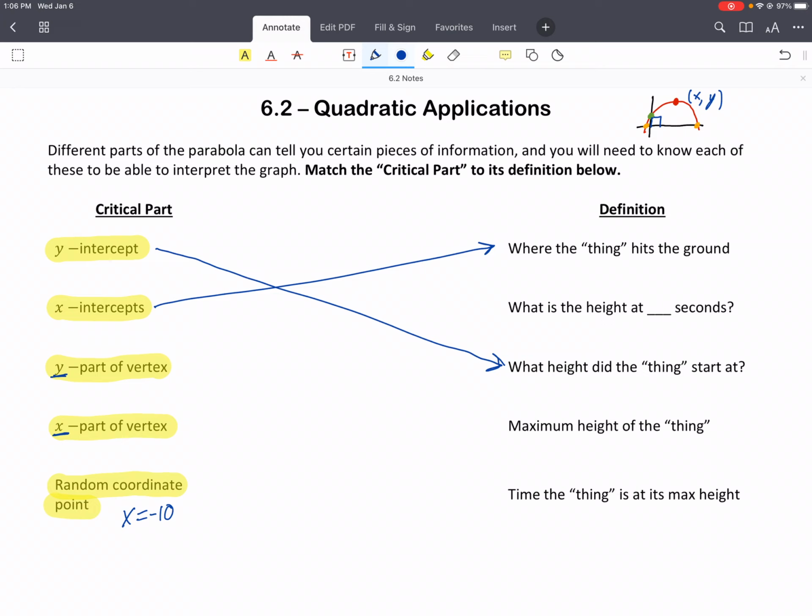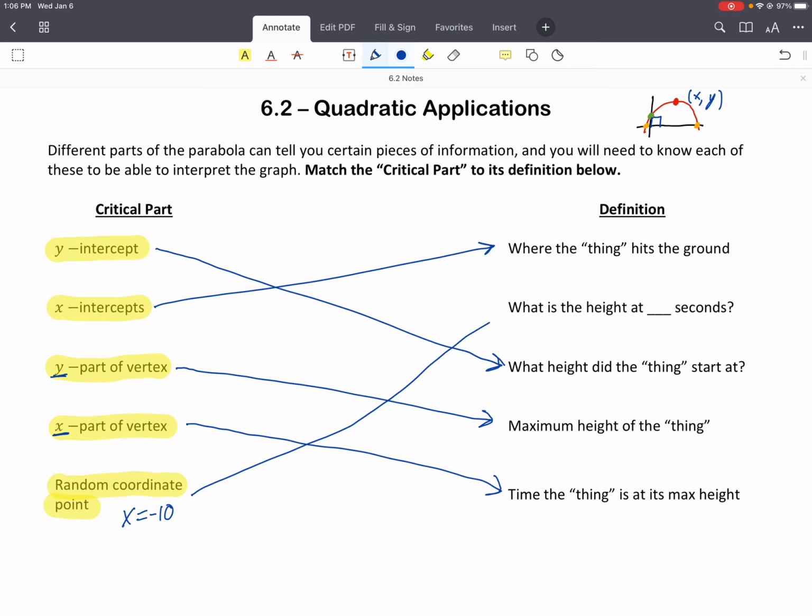So the y tells us what's the maximum height of the thing. And then the x is going to tell us the time it takes for the thing to hit its maximum height, or the time the thing is at its maximum height. The thing, again, arrow, rocket, stone, whatever it may be.